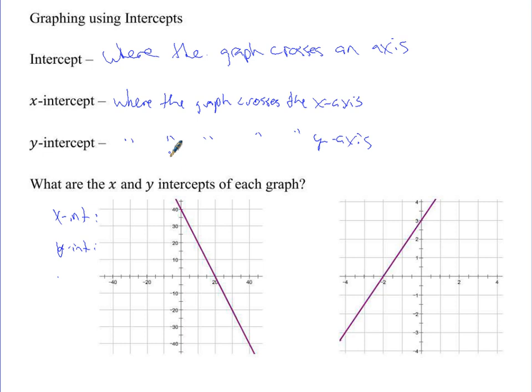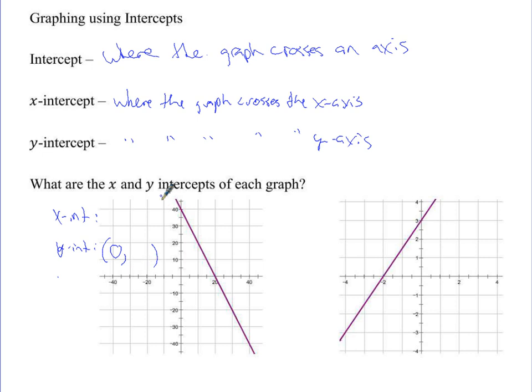I'm not looking at this particular problem. I'm just saying when the graph crosses the y-axis, what is the x-coordinate? It's 0. Everywhere along the y-axis. So my y-intercept is 0, comma, wherever the graph crosses.